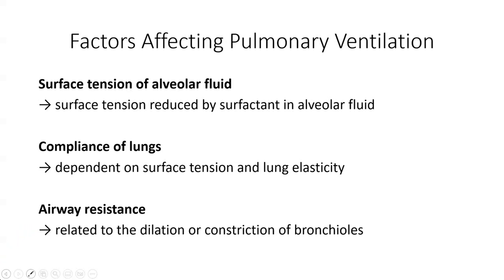Now, there are a few factors that can affect pulmonary ventilation or breathing in and out that I just quickly wanted to mention here. These are the surface tension of the alveoli fluid. So I said in the previous lecture that our type 2 alveolar cells secrete an alveoli fluid. In that fluid is surfactant, which decreases surface tension.